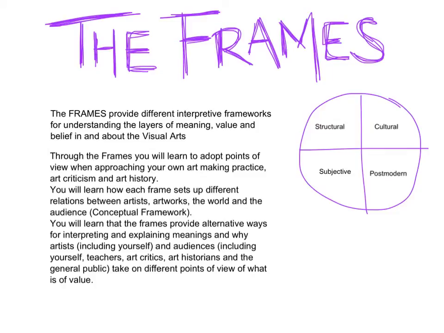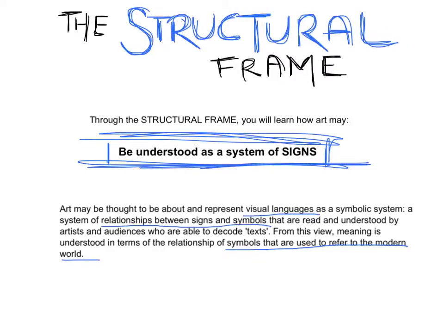Okay, so let's take a look at the structural frame and what it has to offer you. Alright, structural frame. Through the structural frame, you're focusing on how art can be understood as a system of signs. In this regard, you're looking at the idea of a visual language.